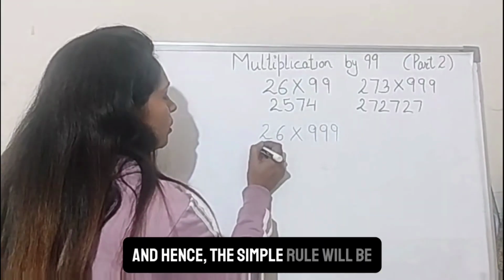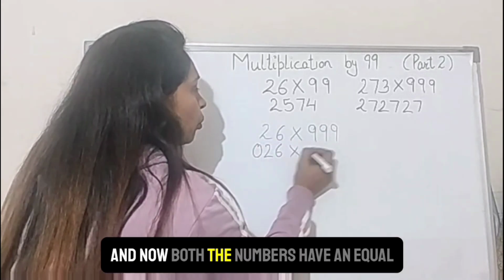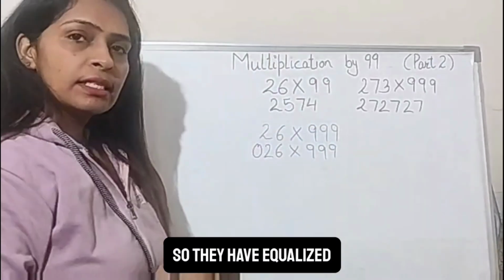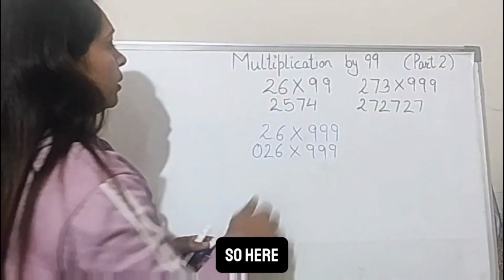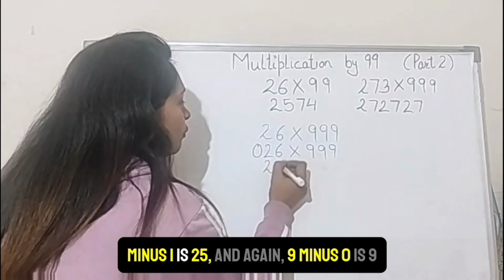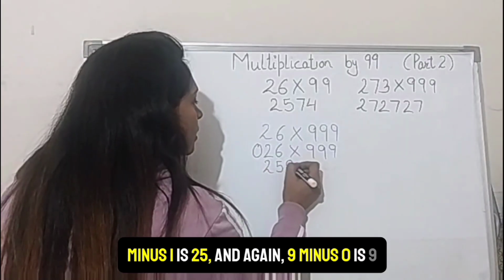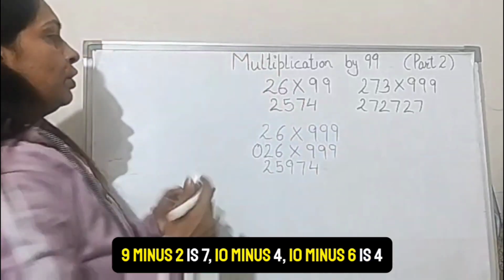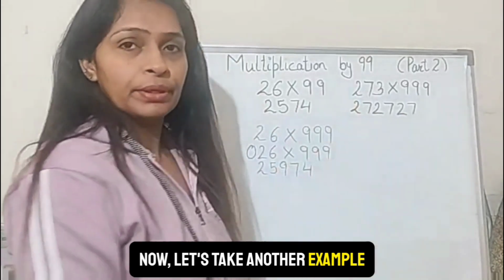The simple rule is we put 0 in front of 26, and now both numbers have an equal number of digits. Now we repeat our same method. We write 26 minus 1 is 25, and 9 minus 0 is 9, 9 minus 2 is 7, 10 minus 6 is 4. So this is what we have to do. Easy? Yeah.